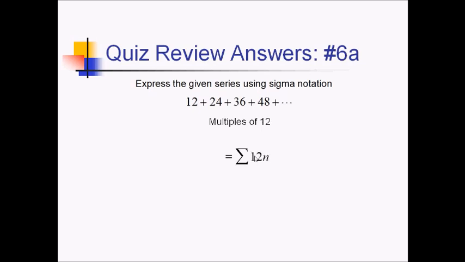And now we have to figure out the lower and upper limits of summation. So for the lower limit, 12 times what would give me my first term of 12? Well, 12 times 1. So we're going to let n equal 1 be our lower limit of summation. And now the upper limit, where we have to stop, we see there's a dot, dot, dot here. So that means this goes forever, and infinity is the upper limit.